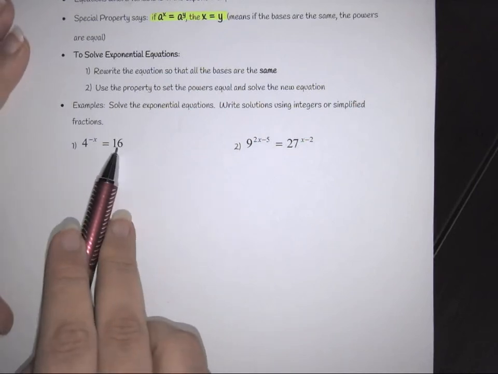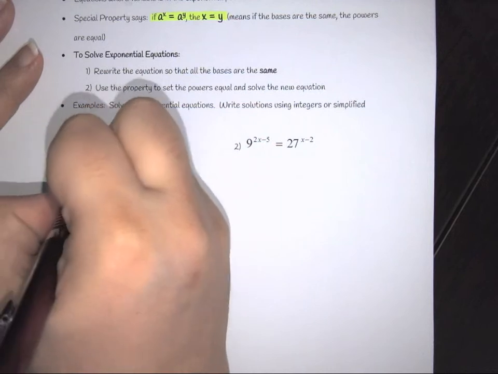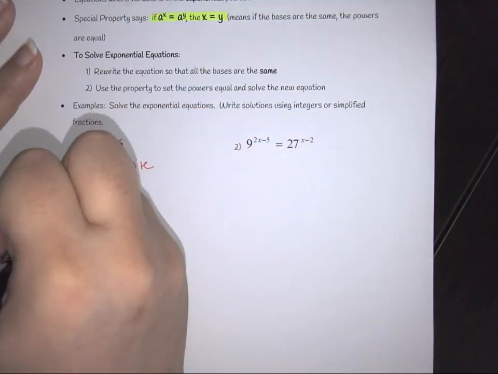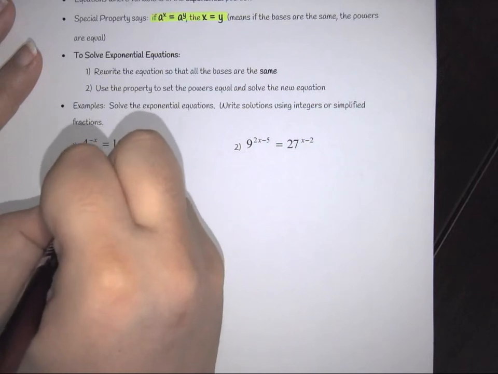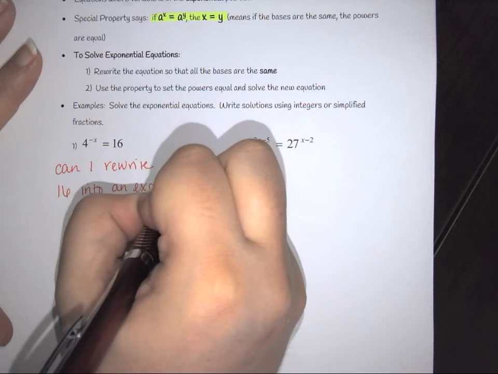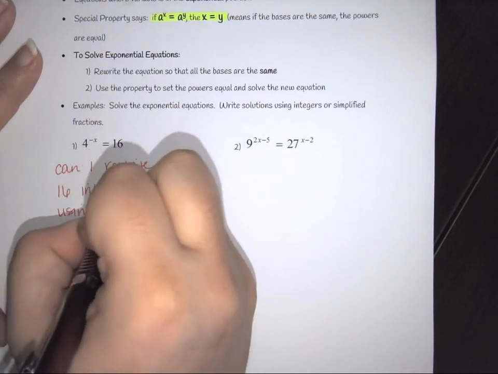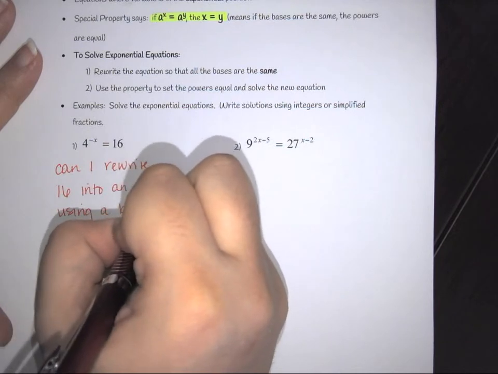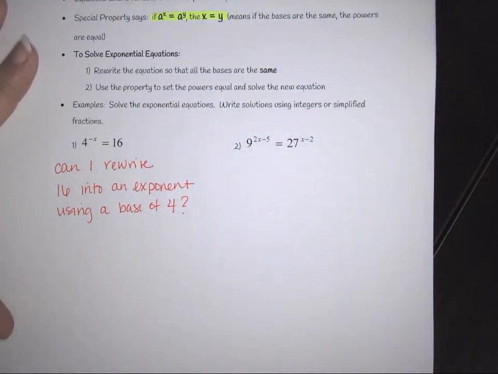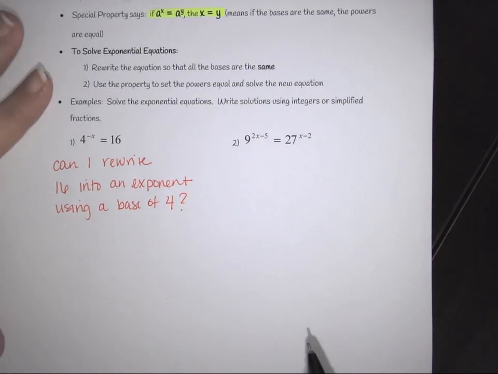So here I want to ask myself, can I rewrite 16 into an exponent using a base of 4? Okay. Well, the answer is yes, because we know 4 squared is 16.